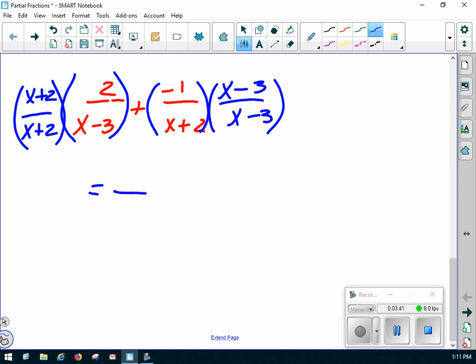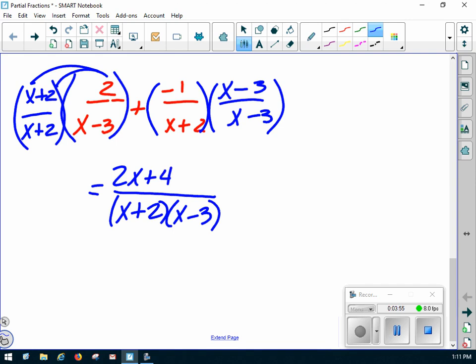So what I've got here is, what's my numerator? That's right, 2x plus 4. And then what's this numerator?